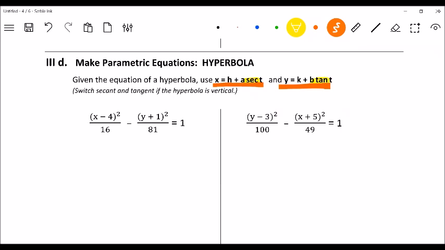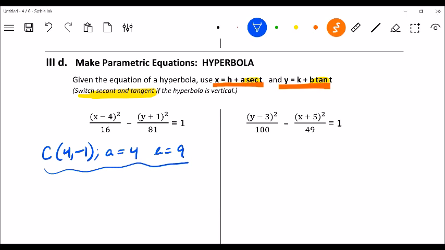So when we switch them, you switch the secant and the tangent, not the A and B, if the hyperbola is vertical. Well, we'll do that for the second problem. The first one here, let's get our information from it. 4 and negative 1. A equals 4. B equals 9.